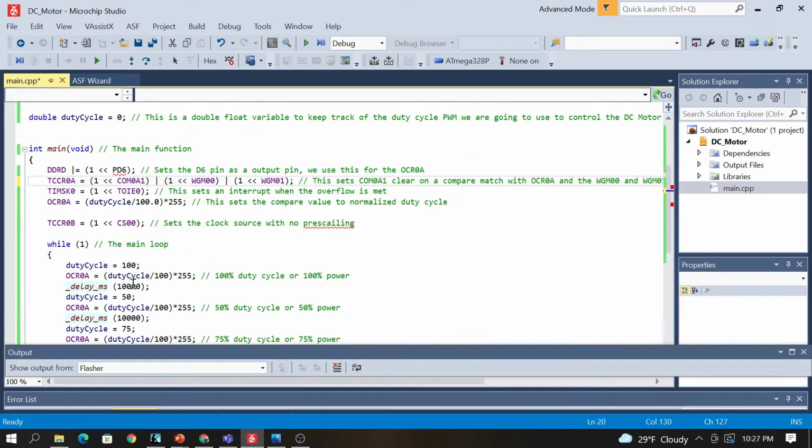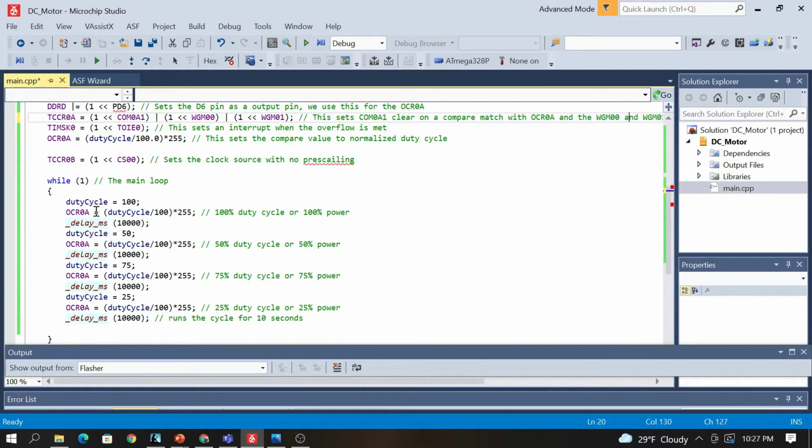So in the main loop, here's what we do. I set the duty cycle to 100. We take that number and put it into the output compare register 0A, and we tell it to take the duty cycle and divide it by 100.